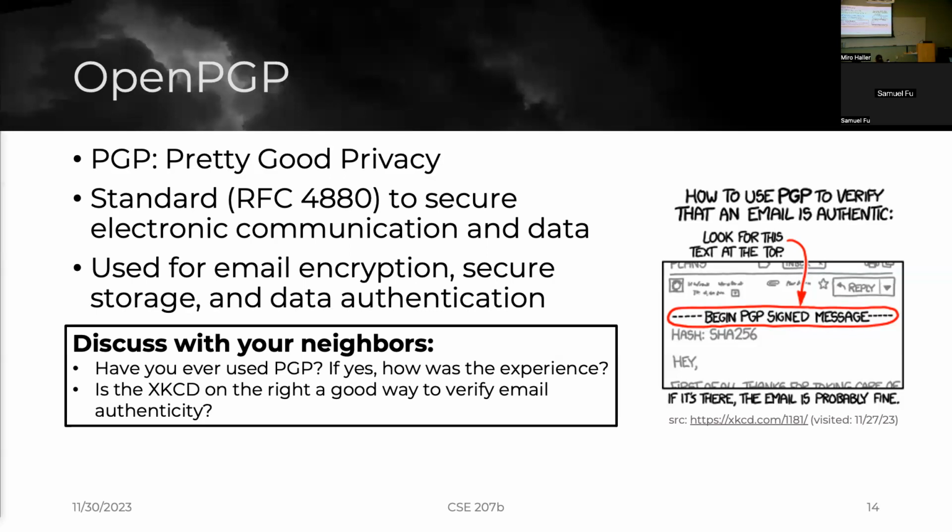PGP is based on a web of trust: I meet you, I verify your key and sign it, and someone who trusts me then transitively trusts the keys that I signed. But in practice, it's mostly a server that provides the public keys. It used to be parties where people would exchange their public keys.